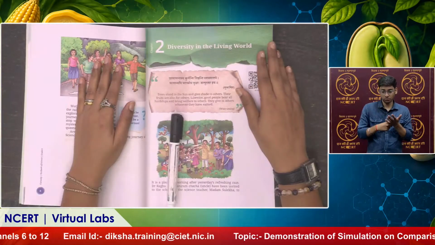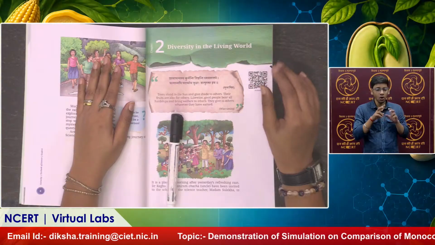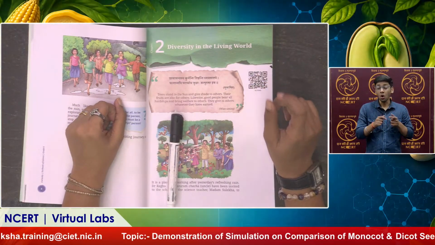For each chapter, this QR code has the information pertaining to that particular chapter only, and we can work on Diksha in two ways: one in the form of a mobile phone, and another in the form of a desktop. I think we can start with the Diksha app, which can very feasibly be operated with the mobile phone also.